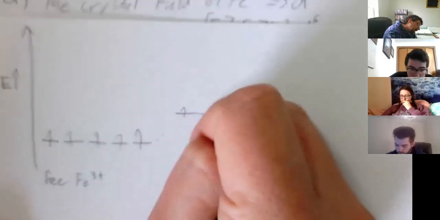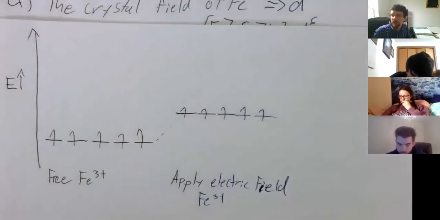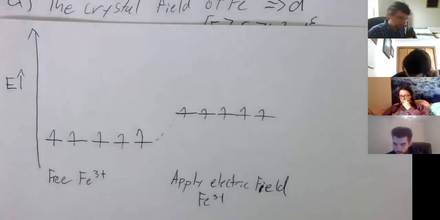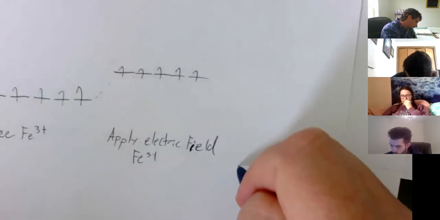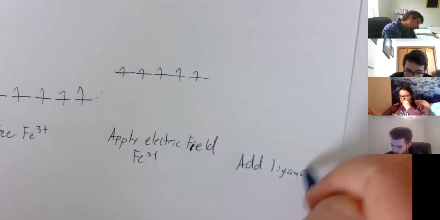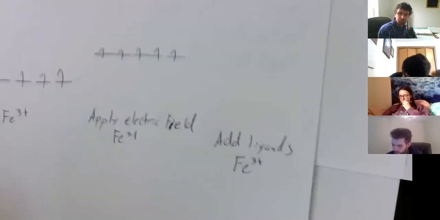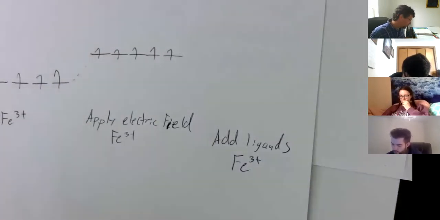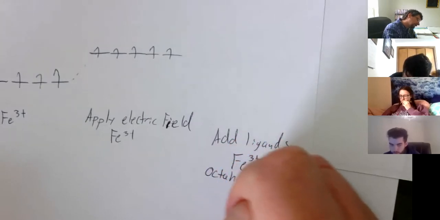But they all increase at the same rate and the same amount of energy because we've applied a uniform, or crystal, field. Now, we add ligands. And we're going to assume an octahedral pattern.